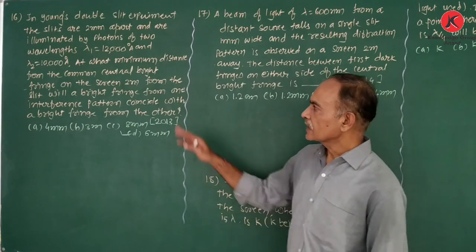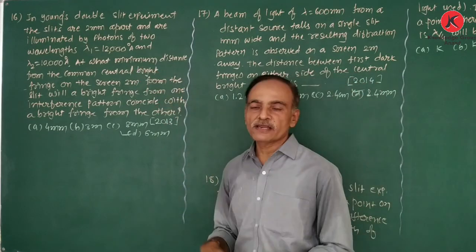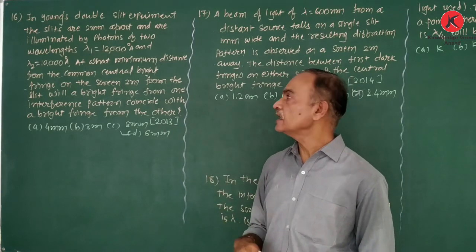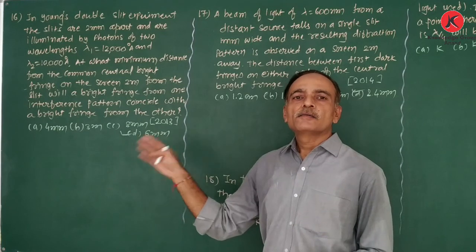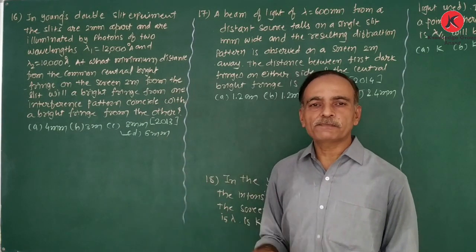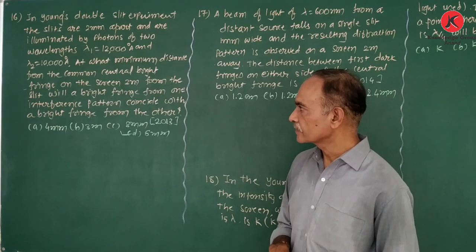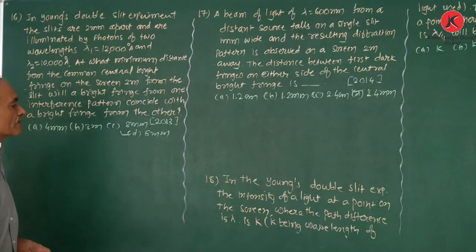That means at what minimum distance, due to the lambda 1 wavelength, the one bright fringe, and due to the lambda 2 wavelength, the next bright fringe, are superposed. We have to find this out. So here lambda 1 and lambda 2 are given.